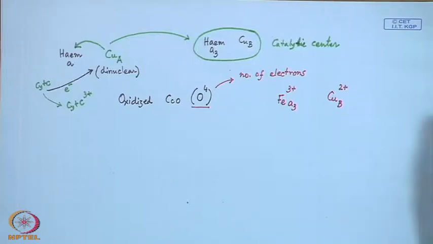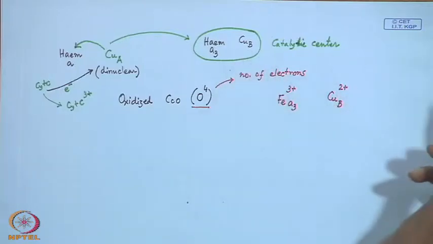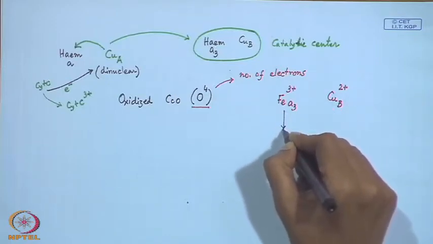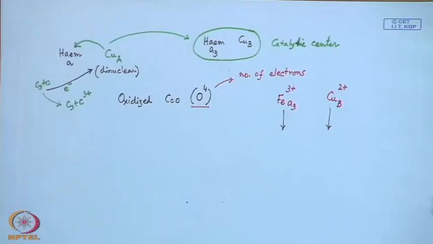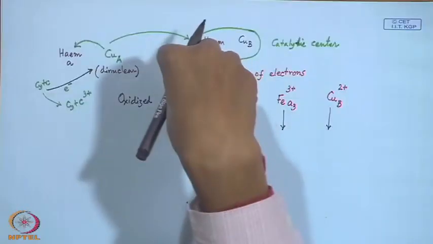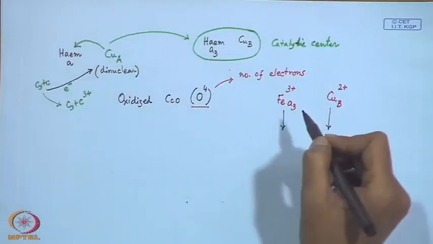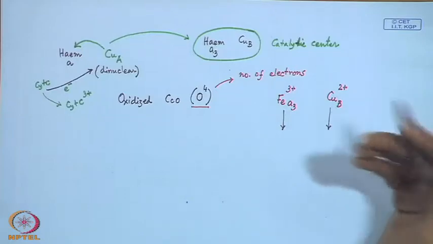That means, the ferric site of A3 and cupric site for copper B, which is your catalytic center. And as just now we have seen that we can reduce these two. That means, you can have a fully oxidized form or you can have a fully reduced form, and in between you can supply 1 electron, 2 electrons or 3 electrons to that.